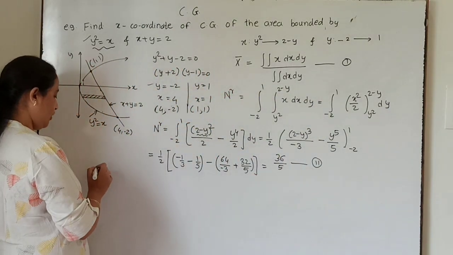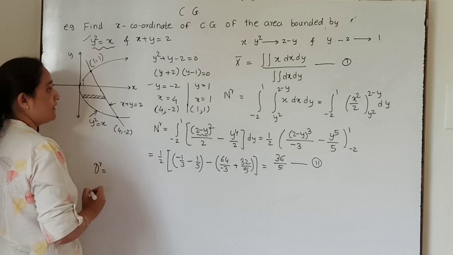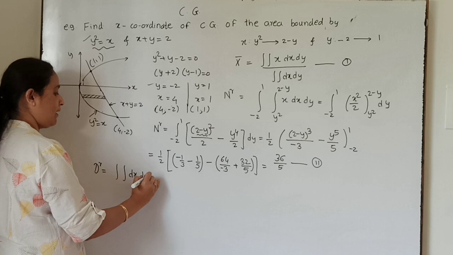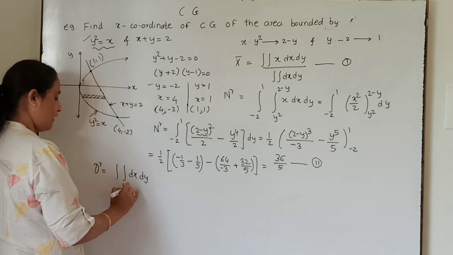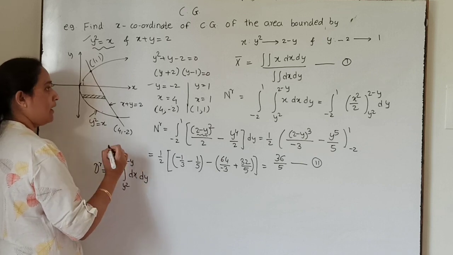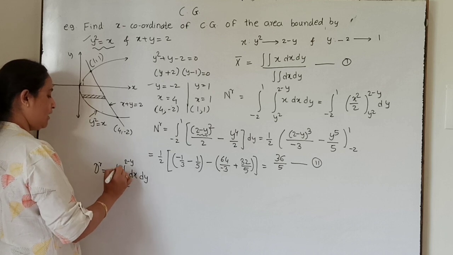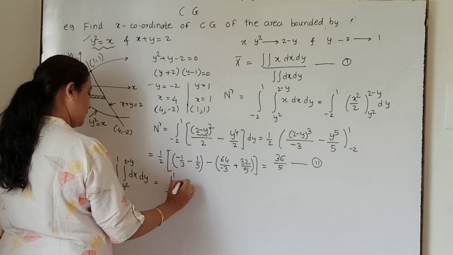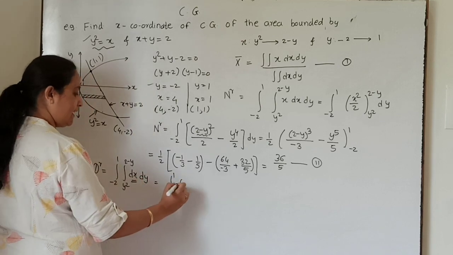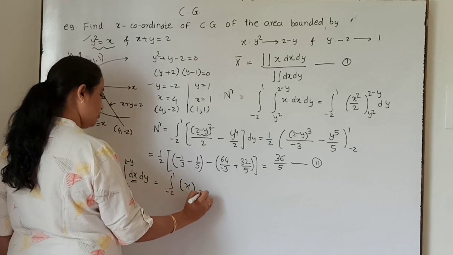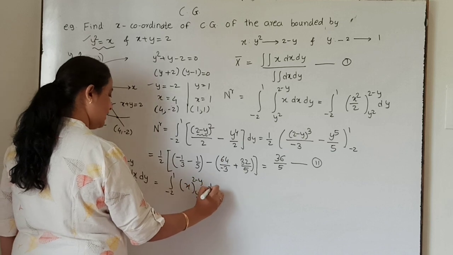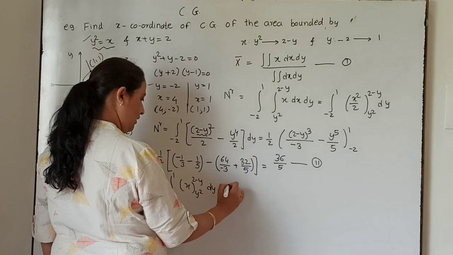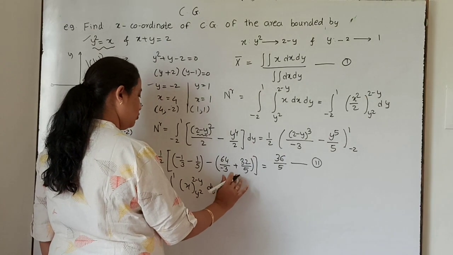Now we'll find the denominator. That is equal to the double integral of dx dy. x varies from y square to 2 minus y, and y varies from minus 2 to 1. Integral of dx is x, limits from y square to 2 minus y, dy. That is equal to integration from minus 2 to 1.